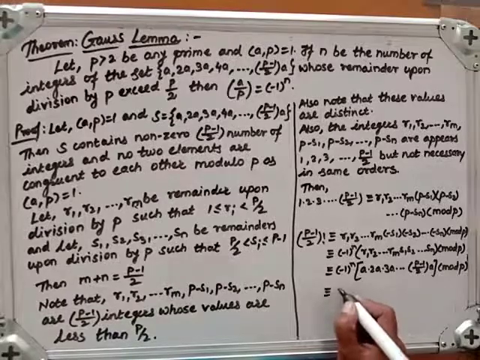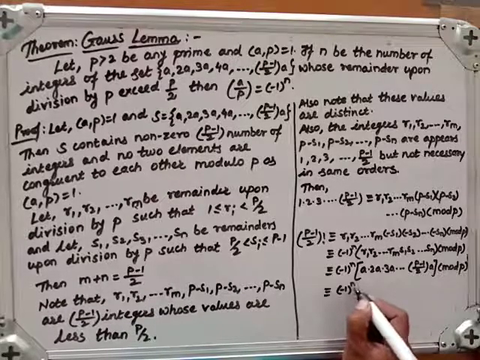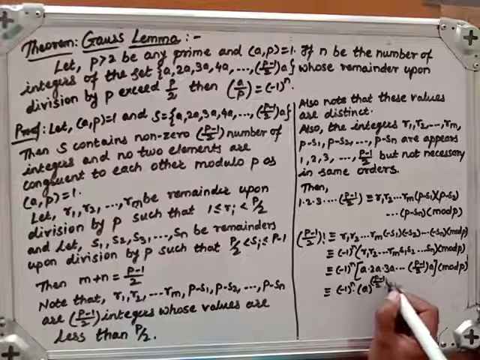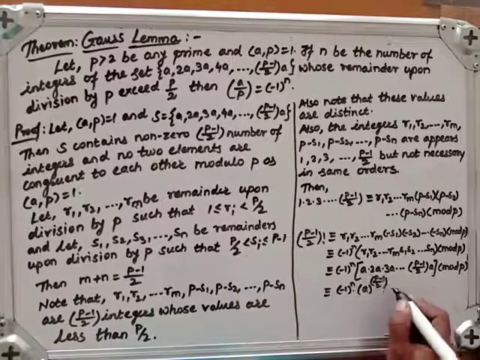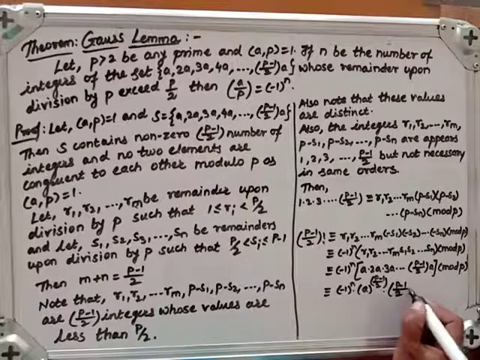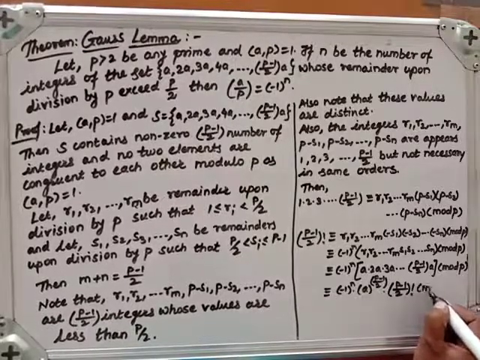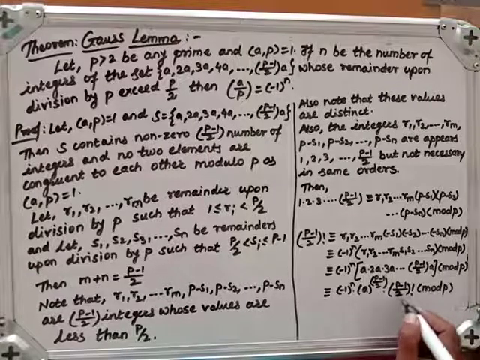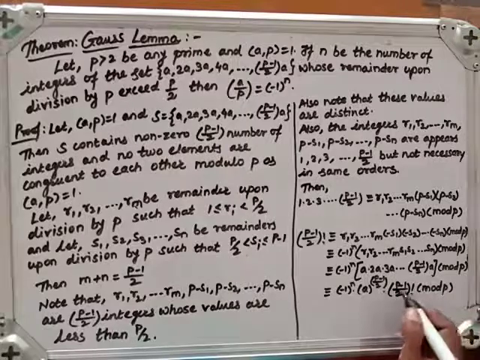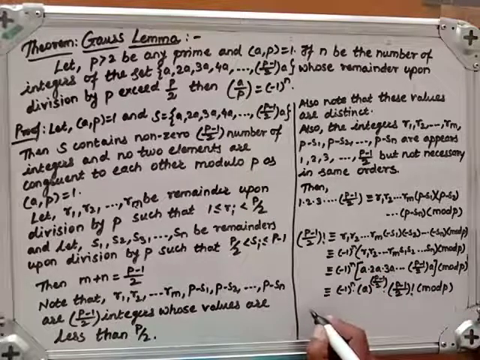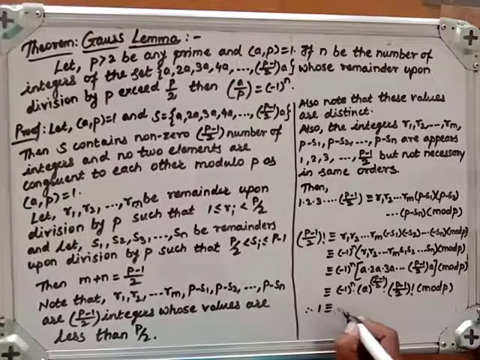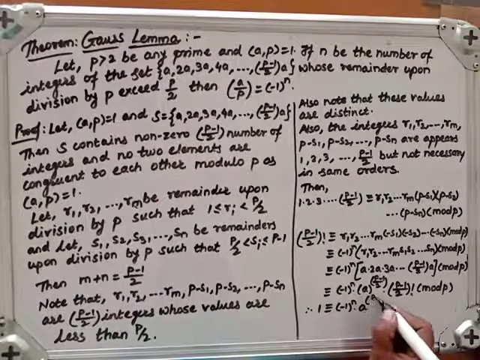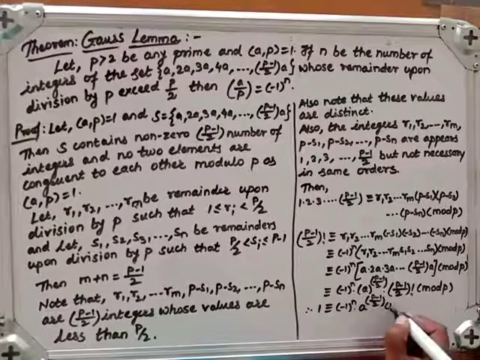So this is equivalent to (−1)^n · a^((p−1)/2) · ((p−1)/2)! modulo p. Now here p and (p−1)/2 are relatively prime, so these get cancelled from both sides. Therefore we get 1 ≡ (−1)^n · a^((p−1)/2) modulo p.